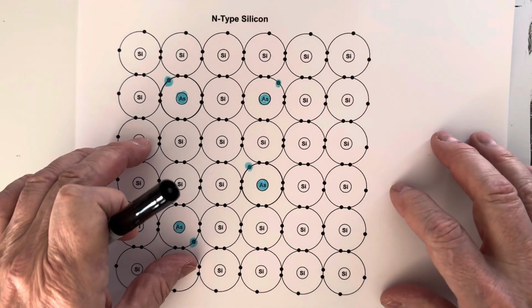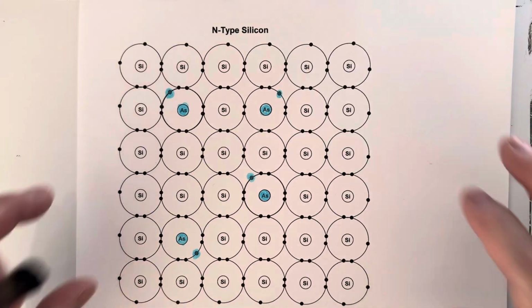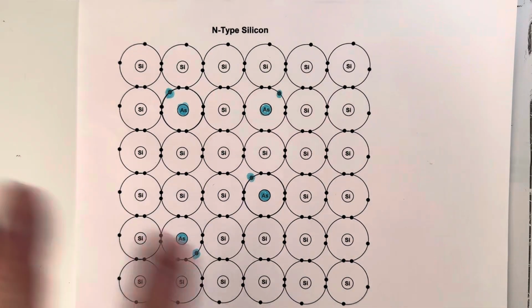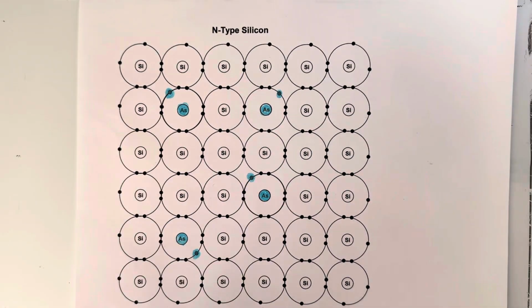If we add a little bit of arsenic when we melt this silicon and then let it solidify, the arsenic will fit right into the crystalline structure with very little trouble. Now, when we're doping silicon with arsenic, we add very, very little arsenic, typically on the order of 1 part per million.